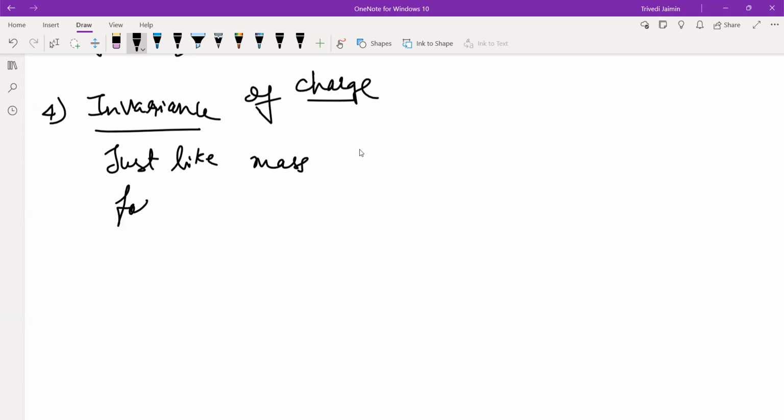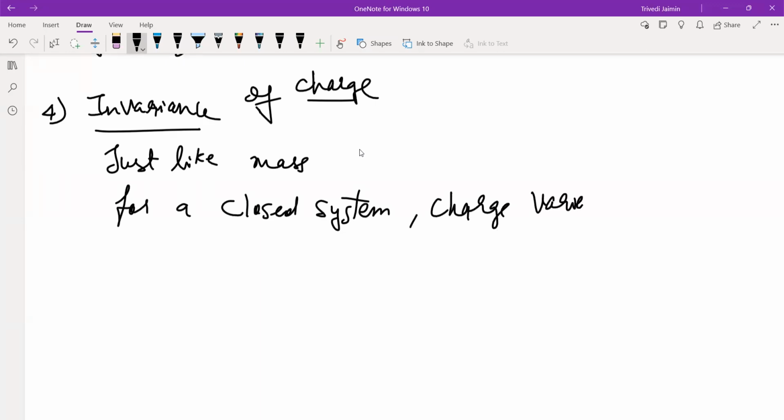For a closed system, charge does not vary, it's invariant of speed.